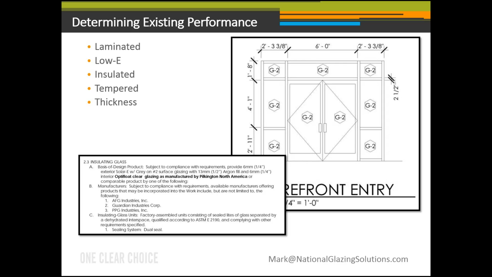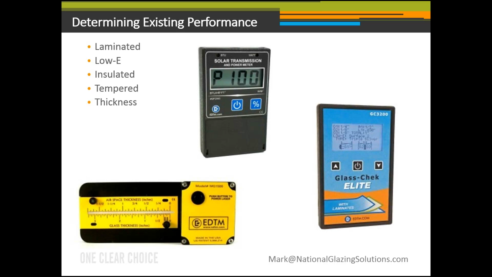For that reason, we've invested in tools that help us narrow down glass types by testing certain characteristics in the field. With these tools, we can confirm the existence of laminated glass and low E coatings, as well as the number of panes, glass strengthening or tempering, and glass thickness.